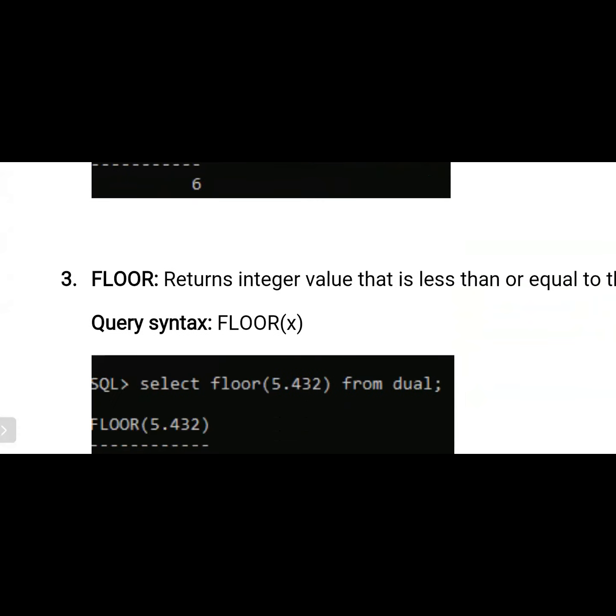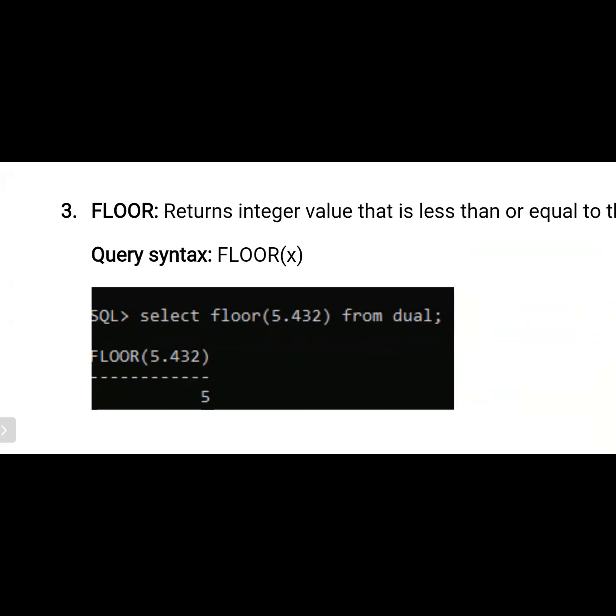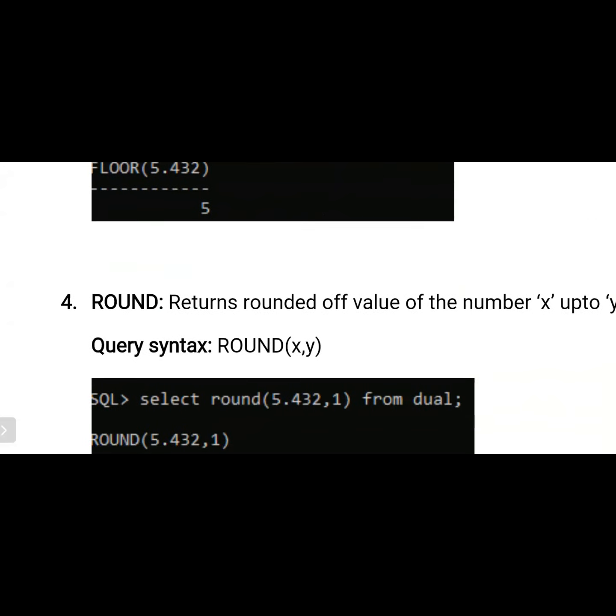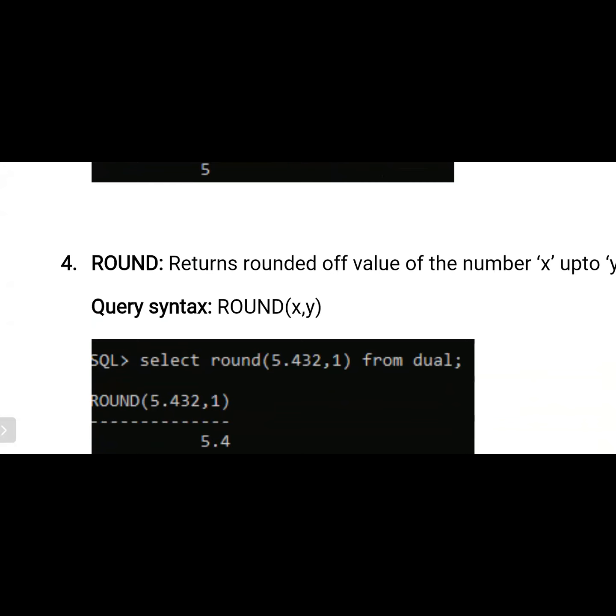If it is FLOOR, then it considers only the lowest value. For example, if we give 5.9, then the output is 5. Why? Because here it considers the floor value. In the same way, ROUND. We are regularly using this.